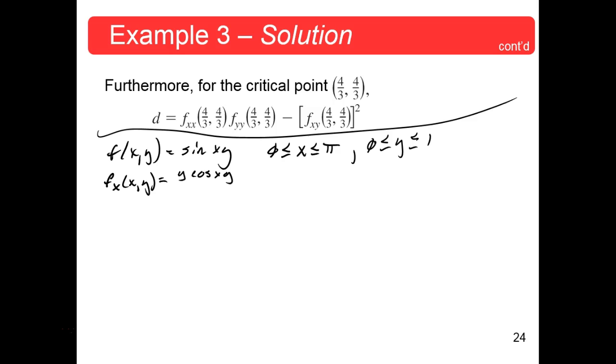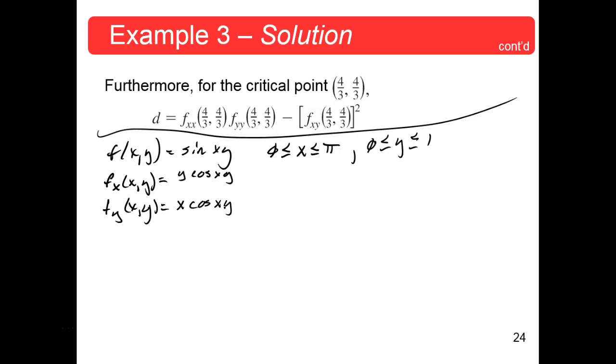Then you take the derivative of the inside with respect to x, and that would be y. So that's the chain rule part. So it's y times the cosine of xy. Now, let's do our other partial, f sub y of x, y. And what would that equal? x times cosine xy.